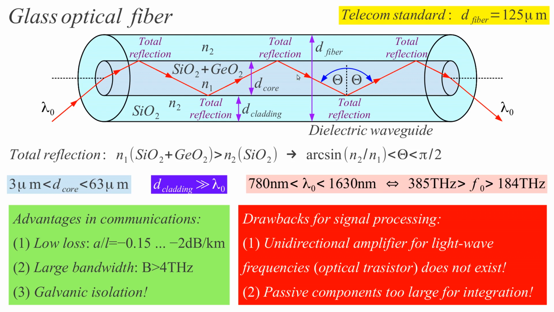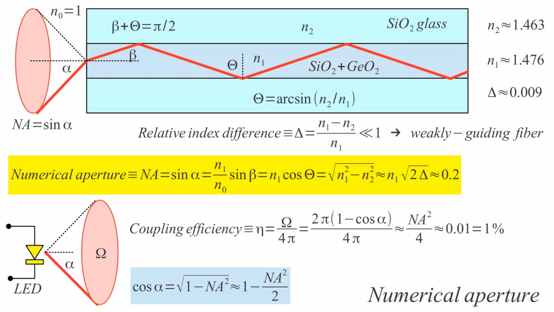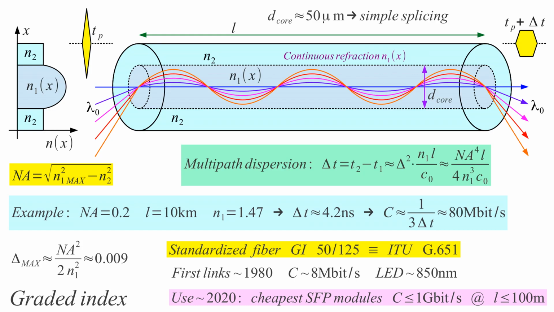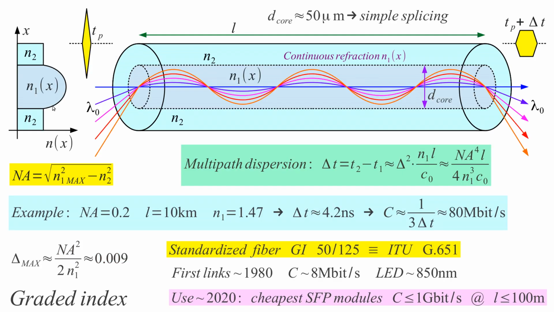And the core diameter, we saw that we had some limitations for the core diameter. Now just to repeat what we said, the first idea was to avoid multi-path dispersion. The first idea was to use a graded index core.